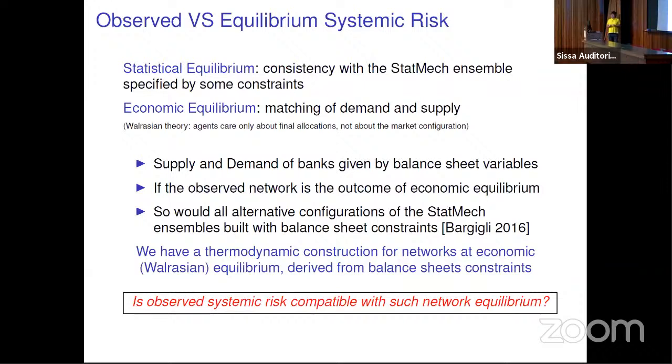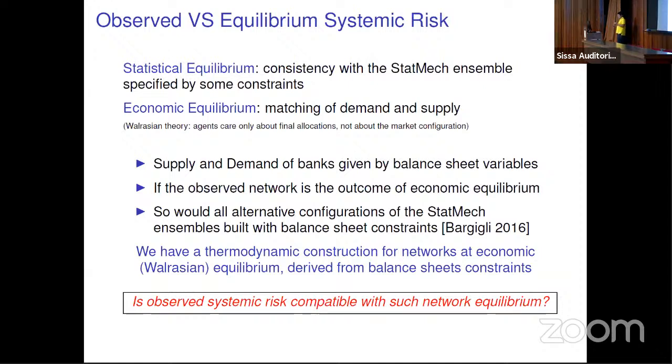Now, there can be a connection between these two concepts. In the context of financial networks, supply and demand are related to balance sheet variables, because interbank assets are the supply, the amount of loans that banks can give to others, and the demand is represented by liabilities.